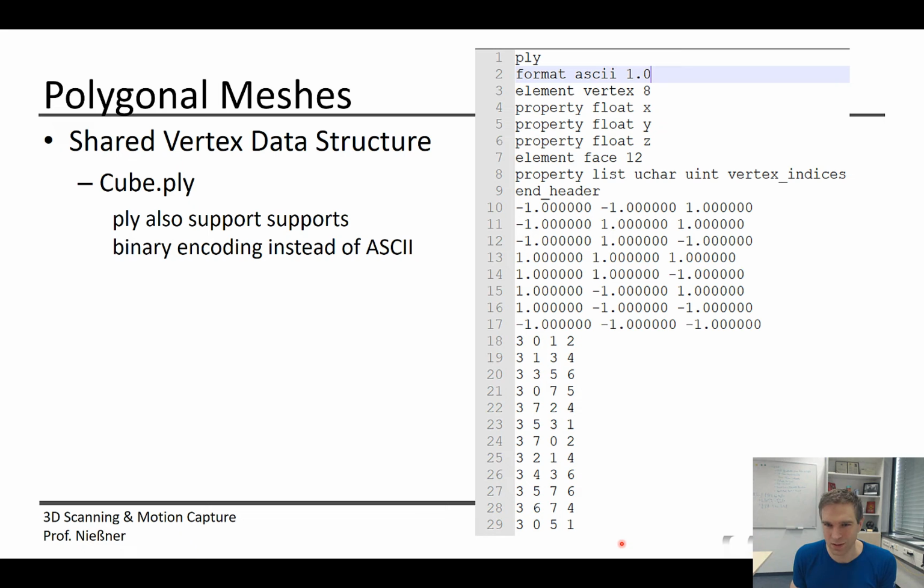Just for clarification, storing this as ASCII is super inefficient because every single character here is 1 byte, it's 1 char, and that is of course very inefficient. Instead you would store simply the float values, so instead of these numbers here you have 4 bytes per float, and you just streamline it accordingly.